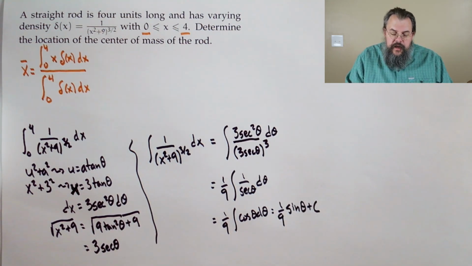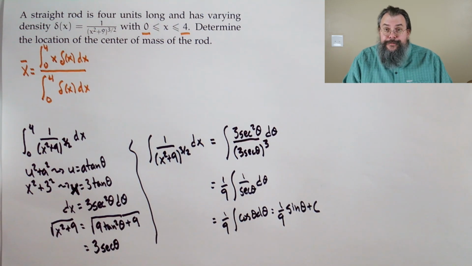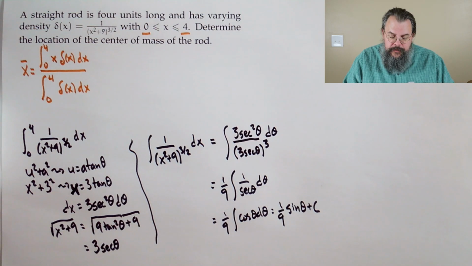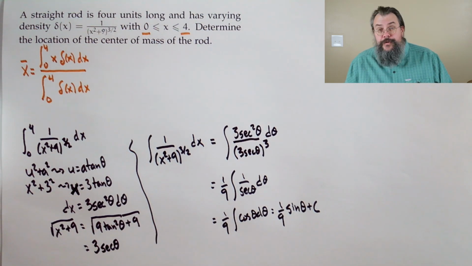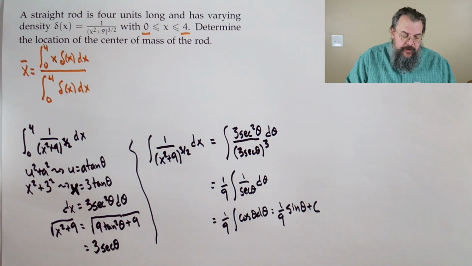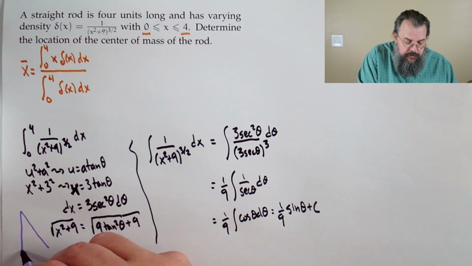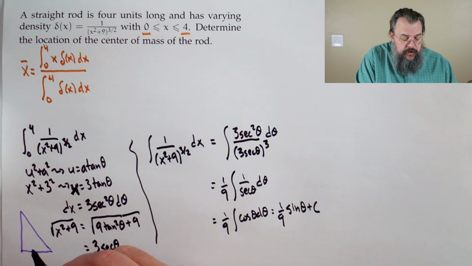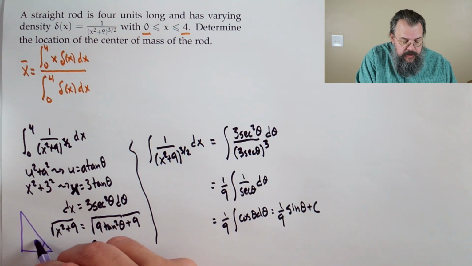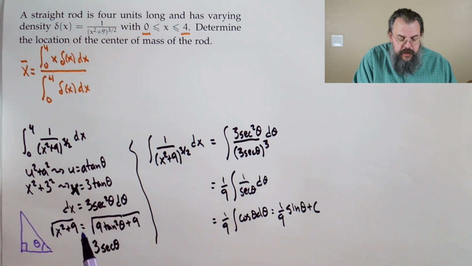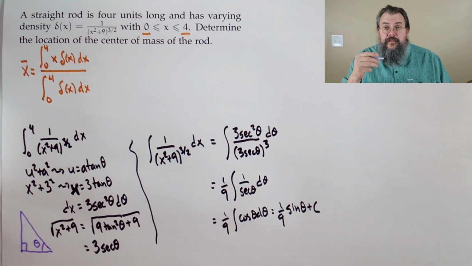Perfect. Now we have to say, okay, well, what is sine? For that, we have to draw our triangle. So, we have space, we'll put our triangle in here. Put theta in the corner. If we solve, tangent of theta is x divided by 3.